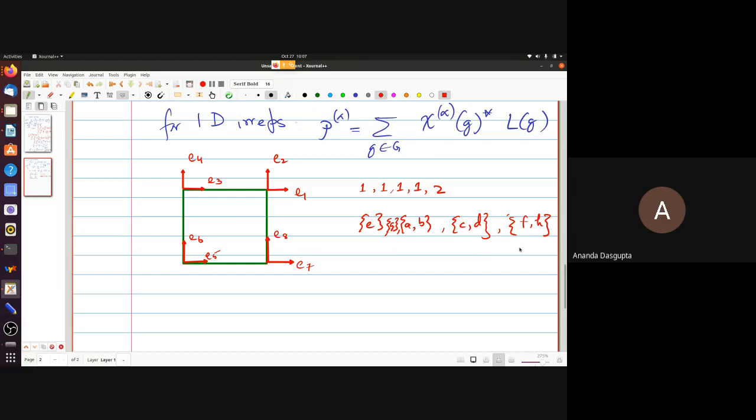The 90-degree and 270-degree rotations, which formed another class. And we found that, well, of course there's an identity representation which has all 5 ones, and then there are 2s, and then AB and CD would take +1, -1 values.